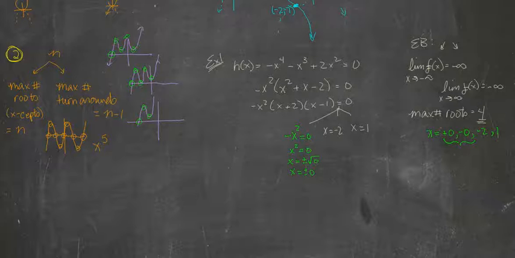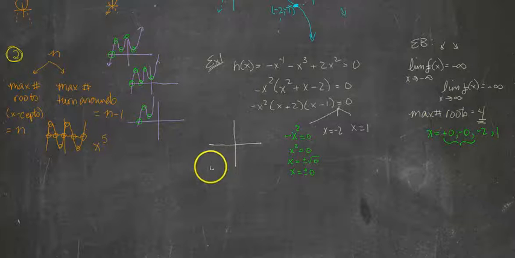What that means for the graph, and it's very important information for graphing, is when you want to make the graph of this function, we know the end behavior comes up from negative infinity, and I'm going to guess a little bit on the actual graph, so I'm going to dot it in.